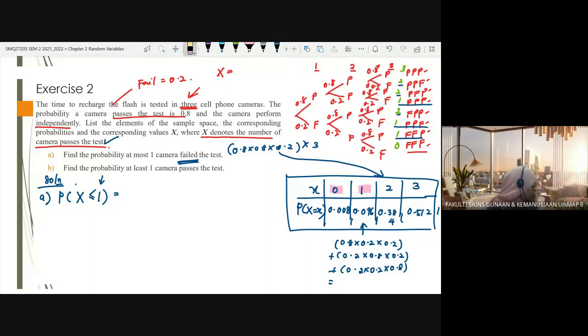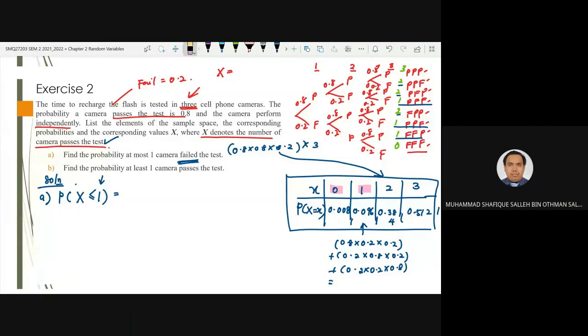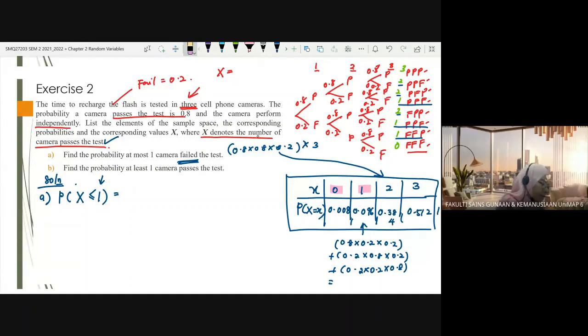So what will be the notation for this particular problem, class? X less than or equal to. Find the probability that at most one camera fails. At most one camera fails. At most 2 fail, right?